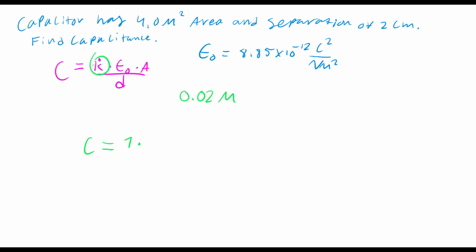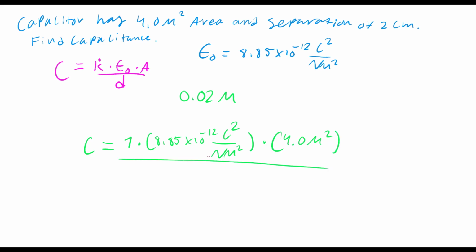That's just the dielectric. If you don't have a dielectric, just put 1, or you could just ignore it. Times 8.85 times 10 to the negative 12 Coulomb squared over Newton meter squared. Then multiply that by the area, which is 4.0 meters squared.